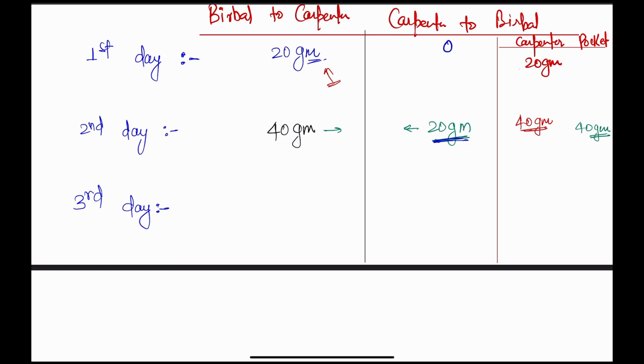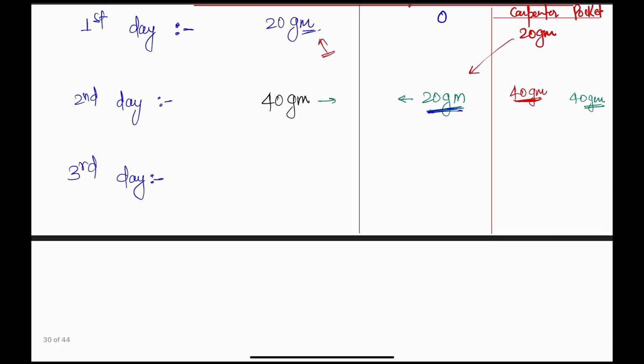The next day the 20 gram was taken out, and he was given 40 gram. On the third day he should also get 20 gram extra. So Birbal will just return the 20 gram earlier given by the carpenter.